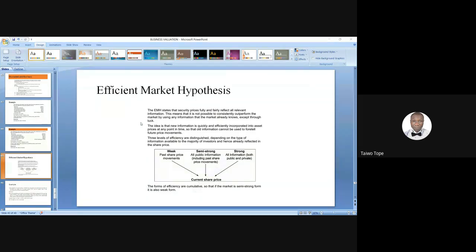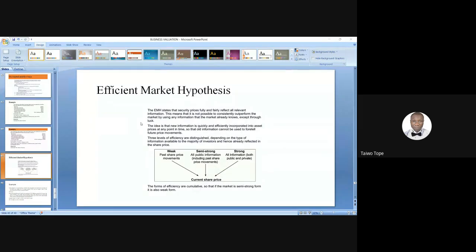In semi-strong form, all public information, including past share price movements, is made available. So as there is a little breaking good news in the market, there will always be a rise in the share value of that particular company, and when there is bad news, there will also be a sharp decline.